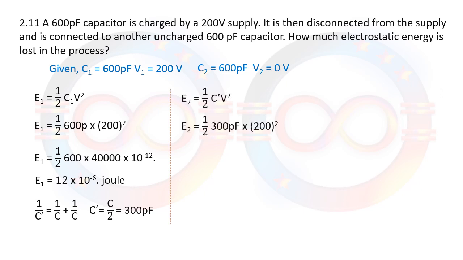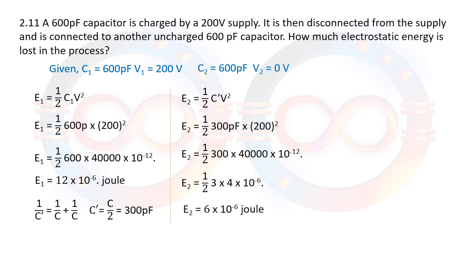The previous voltage, how much? 200. So find the E2 now. What is E2 now after calculation? Half C dash V square. It is coming as 6 into 10 raised to minus 6 joule. So earlier the energy was 12 into 10 raised to minus 6 joule. Now it is 6 into 10 raised to minus 6 joule. How much loss in energy occurs over here?